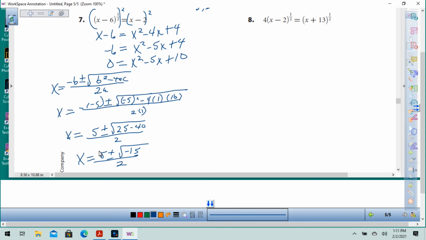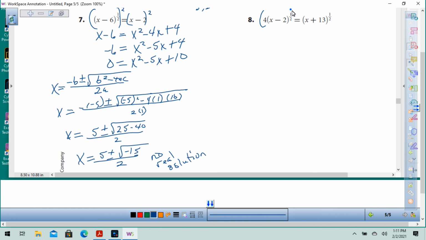All right, the discriminant is negative, so there are no real solutions. There's only imaginary ones.